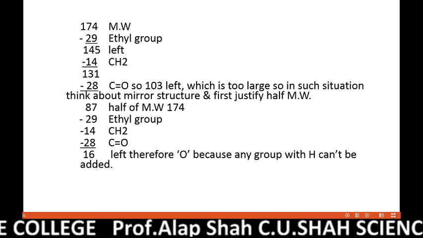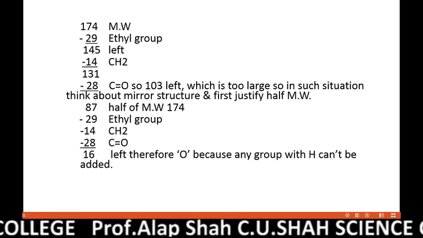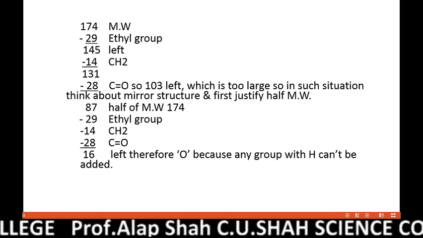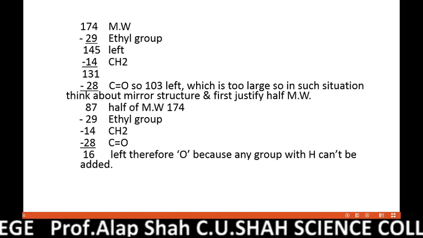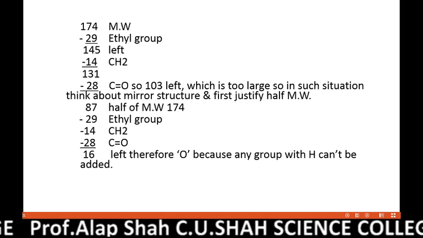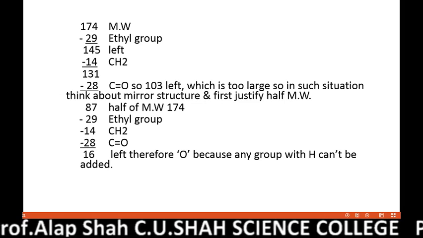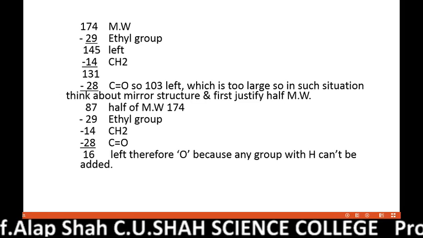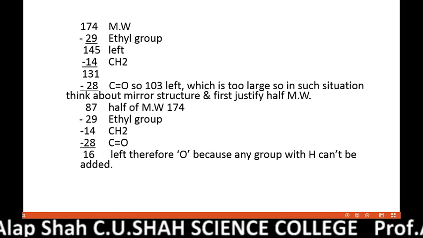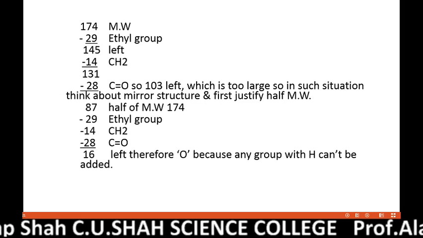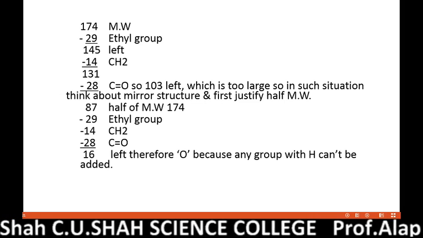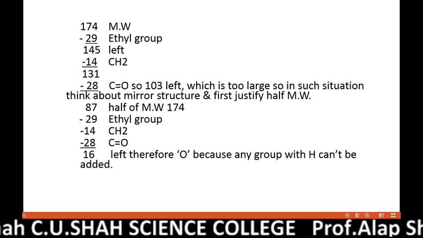If you add NH2, it is 16, but then there should be a fourth signal, and for the NH2 group, IR should also have a band in the range of 3000 to 3500. Both things are not given. So you cannot add NH2, and ultimately the only option left is oxygen.